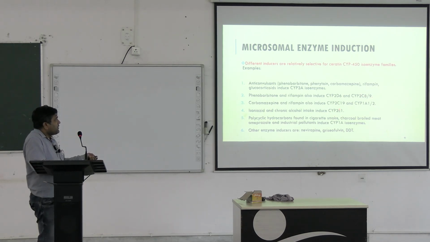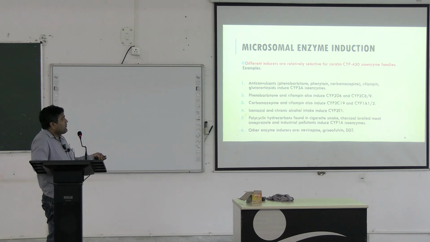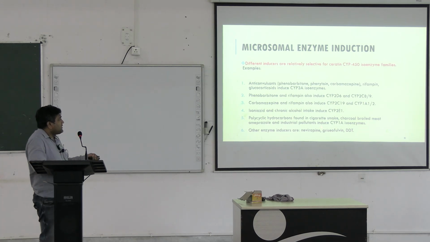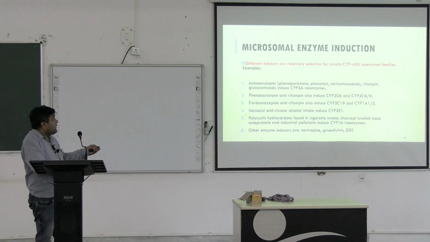Carbamazepine and rifampin, CYP2C19, CYP1A1, 1A2. Isoniazid and chronic alcohol intake induce CYP2E1. Polycyclic hydrocarbons, cigarette smoking, charcoal boiled meat, omeprazole, industrial pollutants induce CYP1A. Other inducers are nevirapine, griseofulvin, DDT.